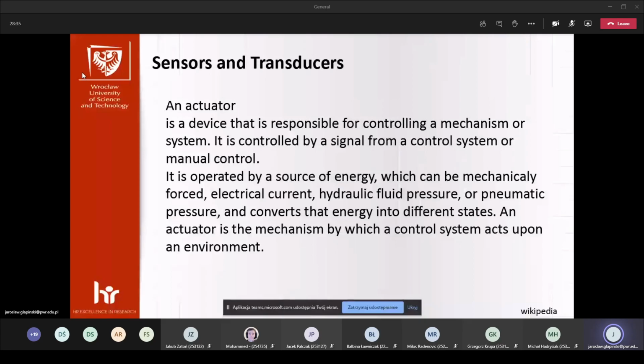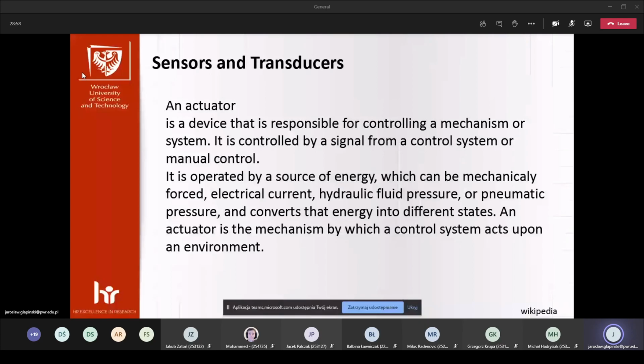The actuator is operated by a source of energy. So generally, actuators need external excitation, an external power supply, that can move or heat or something like this. Okay, so they can actuate something.